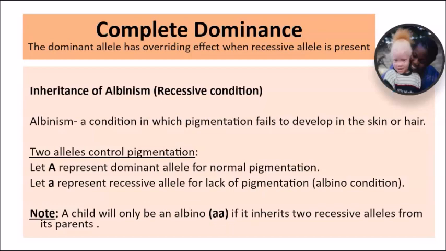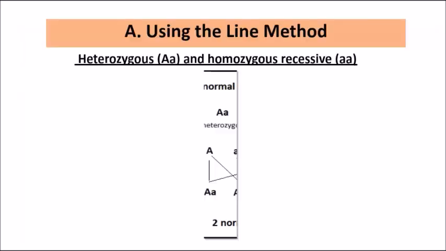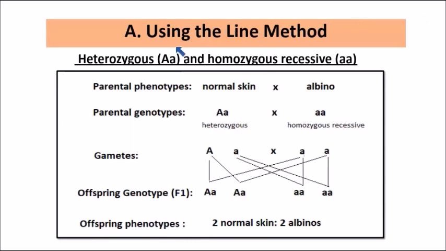So let's look at the first diagram here using the line method. We have this genetic cross setup. We have a heterozygous parent mating with a homozygous recessive parent. Let's say that the mother is the one with the normal skin. So her phenotype is normal skin, and therefore her genotype, as said earlier, would be heterozygous.